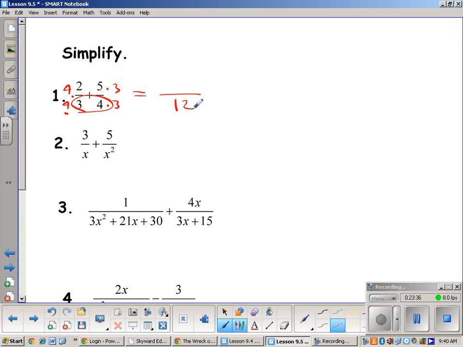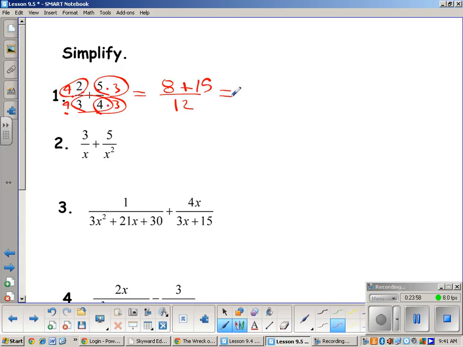And I get in the habit of writing it as a single fraction. I think it's going to work better for what we have to do later. And so the 2 we had to multiply by 4, so that gave me 8. And the 5 we had to multiply by 3, so that gives me 15. And then because these are just numbers, we can go ahead and add them.